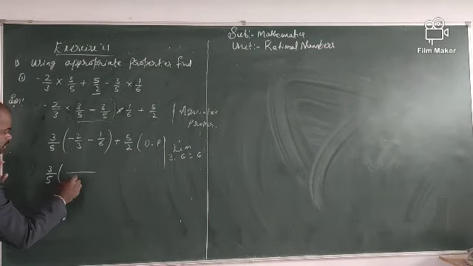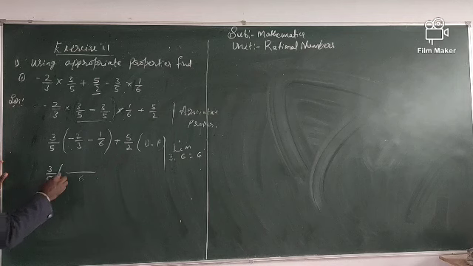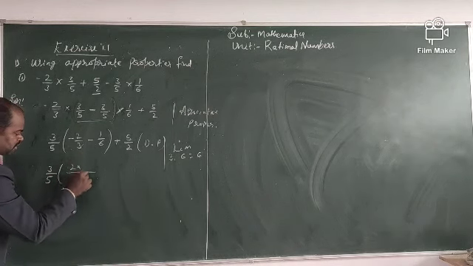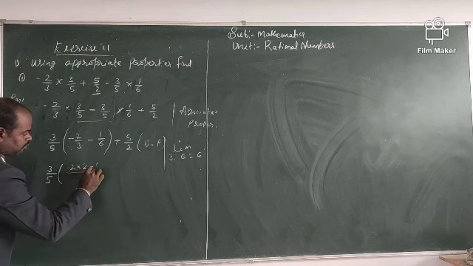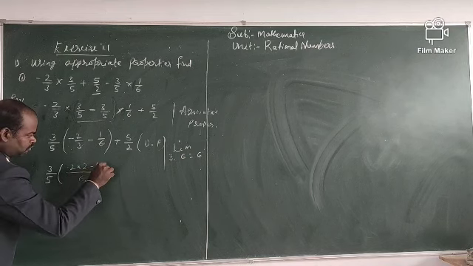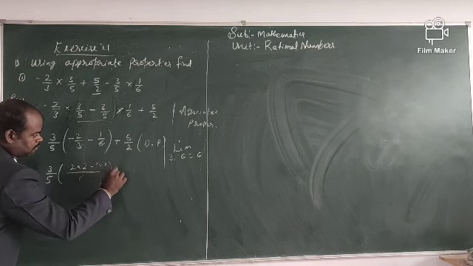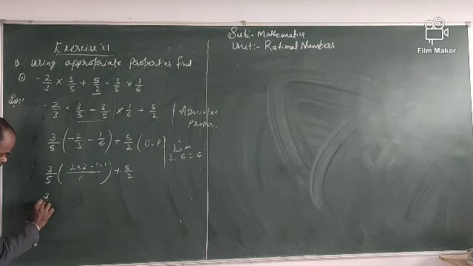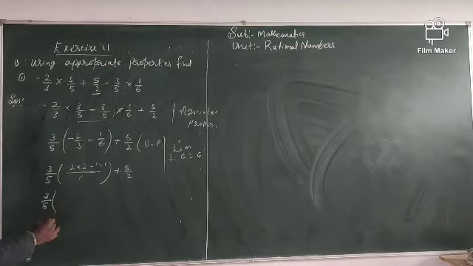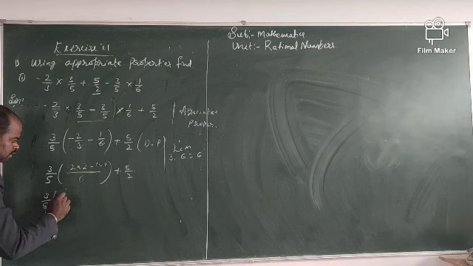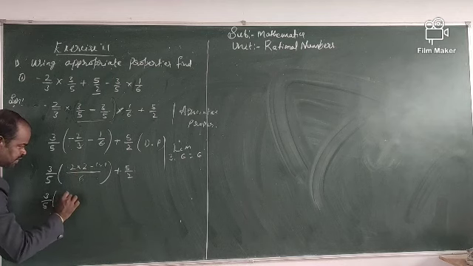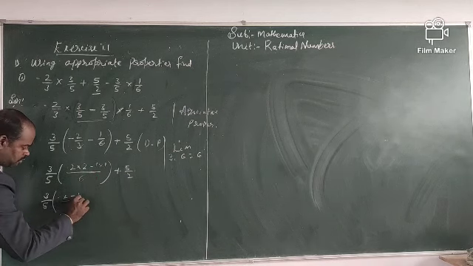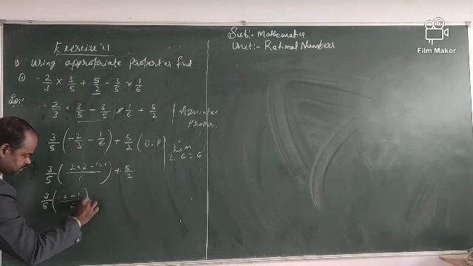Okay, 3 by 5, LCM is 6. Minus 2 in the numerator, multiply by 2: 3 twos are 6, 2 twos are 4, so minus 4. 6 ones are 6, 1 ones are 1, so 1 by 6.